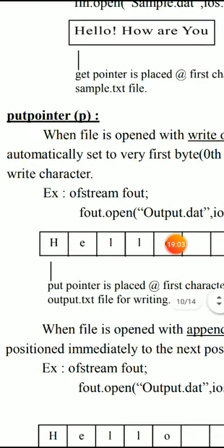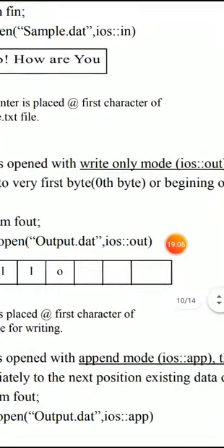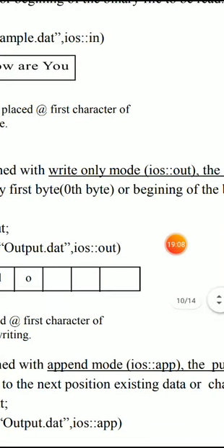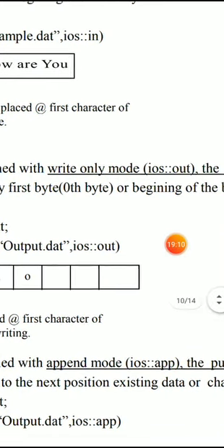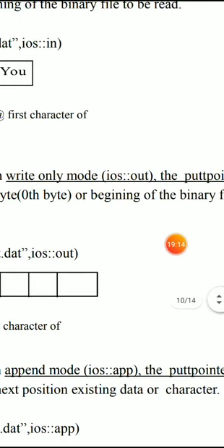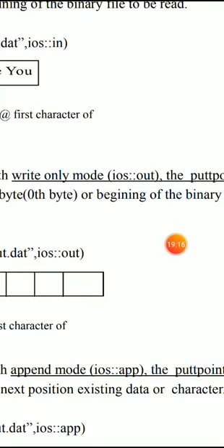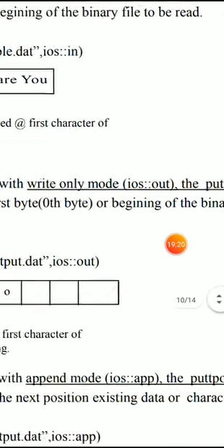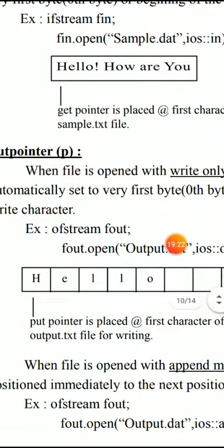Similarly, the put pointer gets activated when the file is open in write only mode. Write only mode is indicated by using the file flag mode ios::out. So the put pointer is automatically set when the file is open for writing purposes.